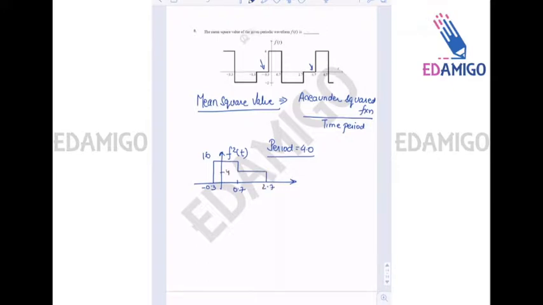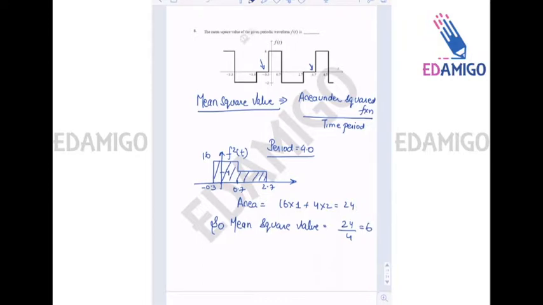Okay, so the area under this curve will be 16 multiplied by 1 plus 4 multiplied by 2, that is 24. So the mean square value is equal to 24 divided by 4, that is 6.